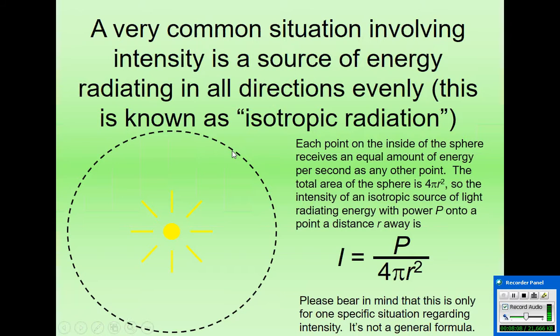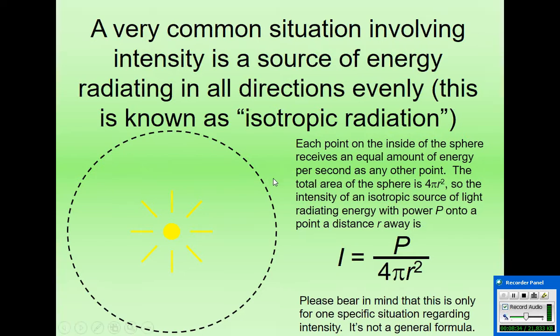If you don't focus the light, if you have a source that emits light equally in all directions, we call that isotropic, and this would be isotropic radiation. The sun, to a very good approximation, emits light equally in all directions. And so the sun would be an example of an isotropic source of light.